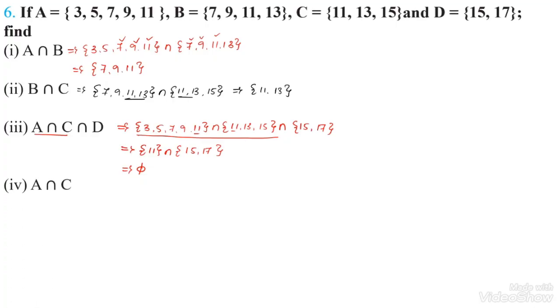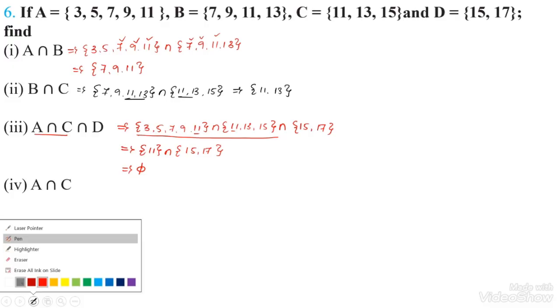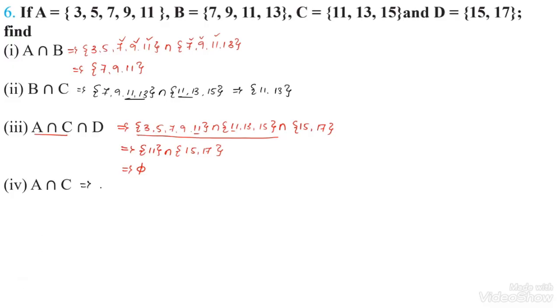Then, question number 4. A intersection C. First, I have considered set A: 3, 5, 7, 9, 11, intersection 11, 13, 15. Between these two sets, the common element is 11 only. Next, question number 5.